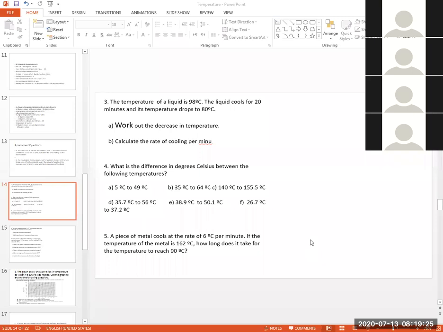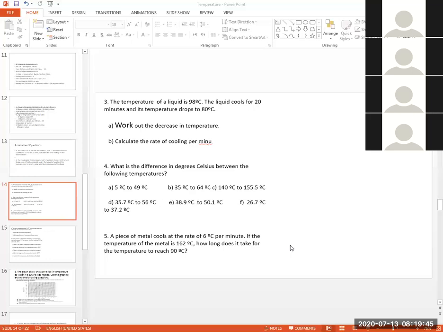Now, here, what we are required to do, we are required to find time. And we can only find time by comparing how many degrees does this metal lose in 1 minute. And then you ask yourself a very simple question.